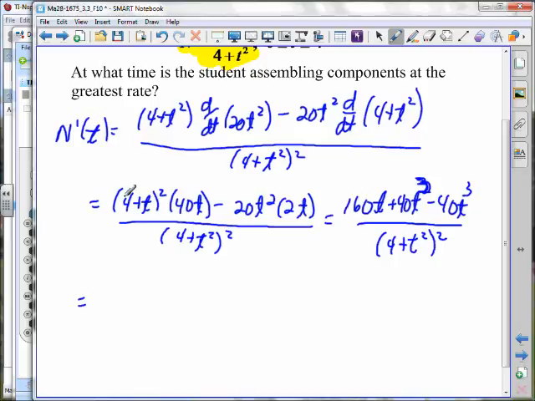Is that truly as nice as it is? By golly, it is. See how nice it is to go ahead and finish it up? Those 40t cubes cancel out.